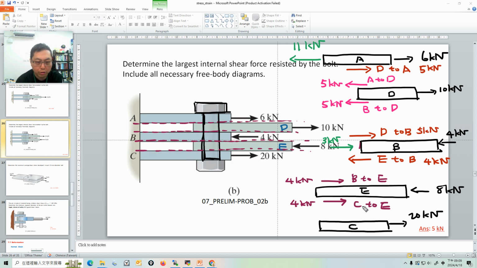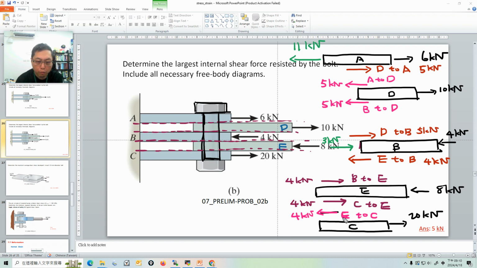In the free body diagram of E, we know there is a force from C to E, so there must be an equal and opposite reaction force from E to C, which is also 4 kilonewton.